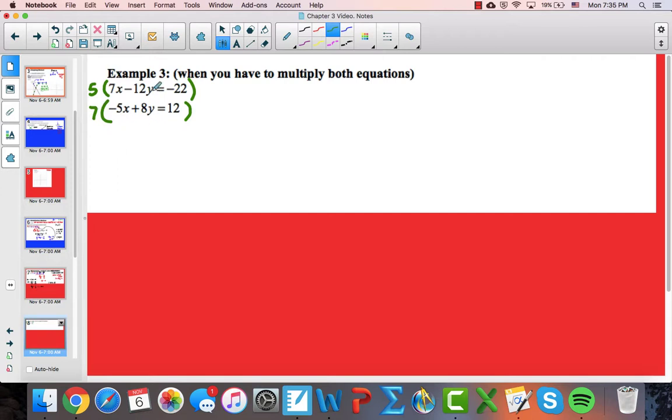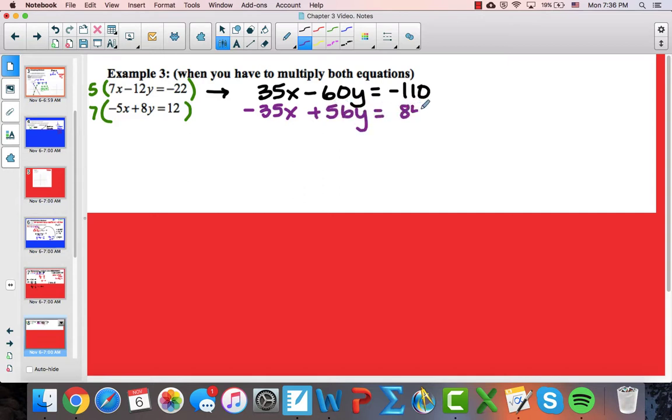I didn't do the y's because the numbers were bigger, but it's really up to you. All right, so if I multiply the top equation by 5, I get 35x minus 60y equals -110. All right, and then in the bottom, I'm going to get -35x. There's that opposite I wanted, plus 56y equals 84.